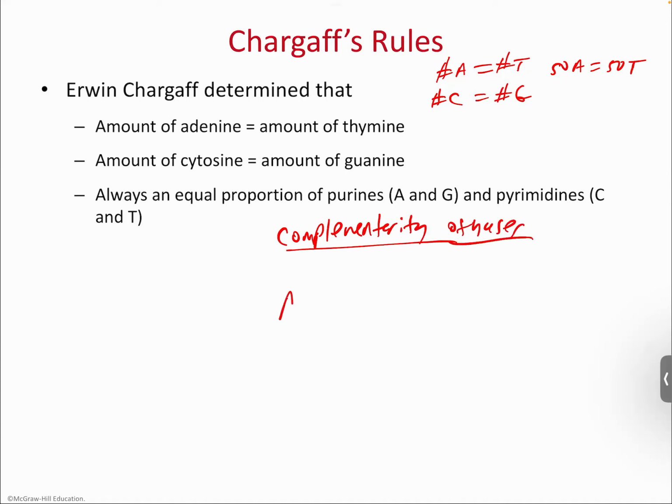So what we now know is that the reason why there's an equal number of adenines and thymines is because an adenine will actually form 2 hydrogen bonds with a thymine. Not only that, but a cytosine will form 3 hydrogen bonds with a guanine. These two together is what we refer to as a base pair.